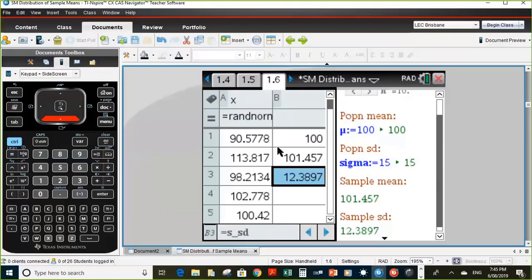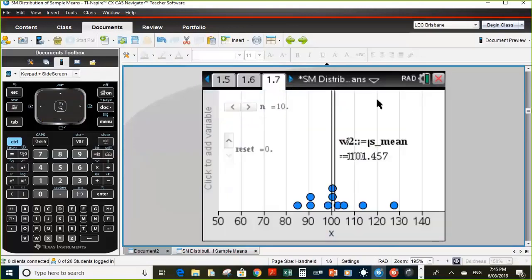So it's nice to have a tabular representation, but it's also even better to have a graphical representation. So this is a data and statistics application, and when Frank was doing his sample proportions, he really used this environment extremely well. What you see there, these are the 10 values that have been drawn from the population, and we have two vertical lines.